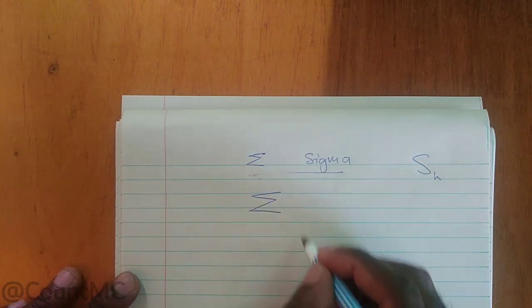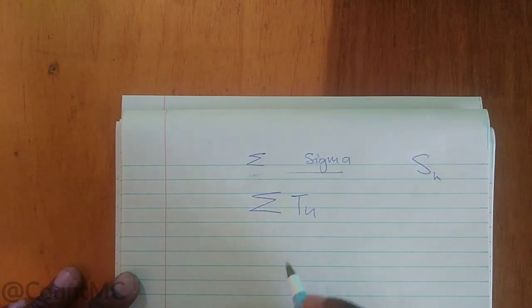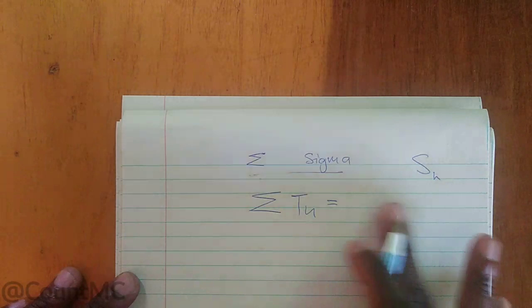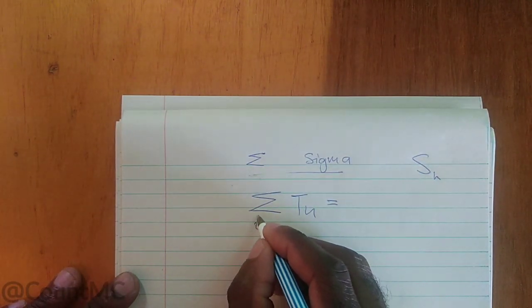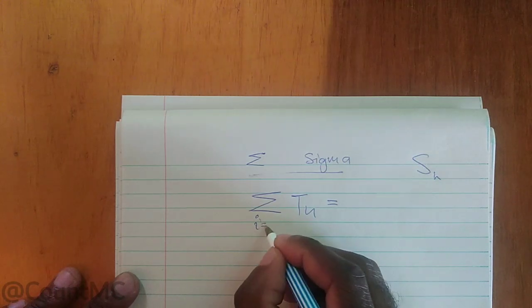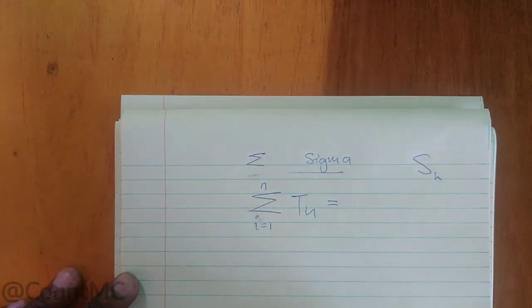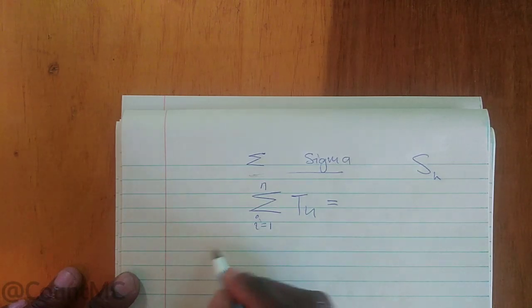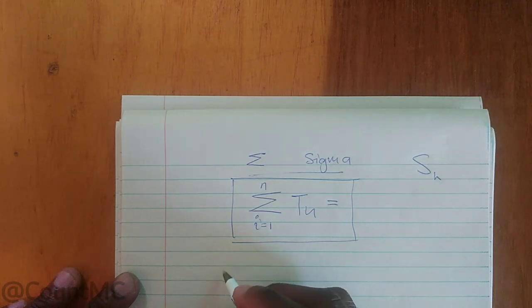The Greek letter sigma, and you are going to write Tn next to it, then is equals to whatever you want to write. Down here, let's just put index is equals to 1. I'll explain this, then we put n on top. Now, this is basically the sigma notation.